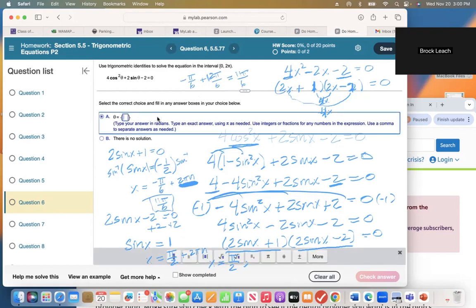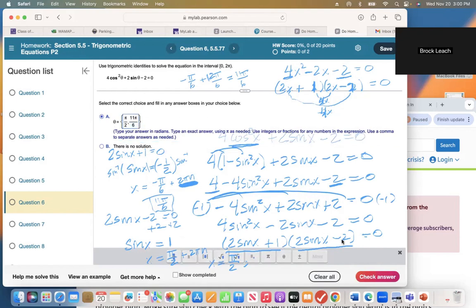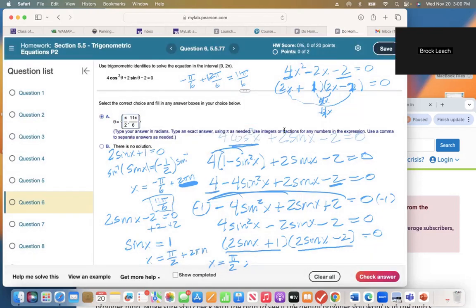So we got pi over 2 and 11 pi over 6. Oops, something's wrong. What did I do there?